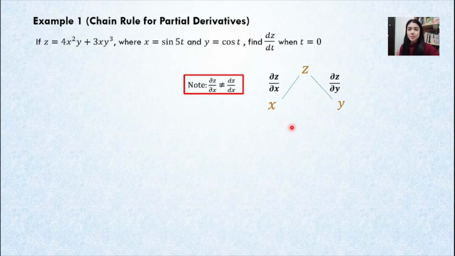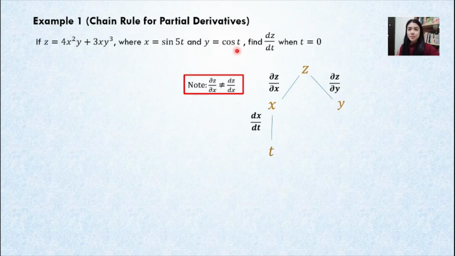Let's continue to draw the tree diagram. What happened to the x? In the equation x, you only have one variable, that is t. So you're going to draw one branch, and that one branch ends with the node t. Moving from x to t, you're going to have dx dt. The same thing happens for y.